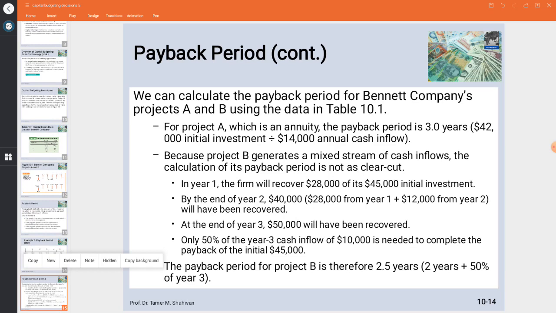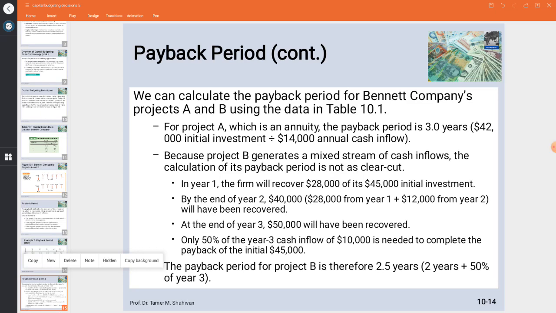For example, in project A, our initial cost is 42,000, and we are going to receive a constant cash inflow in an amount of 14,000.